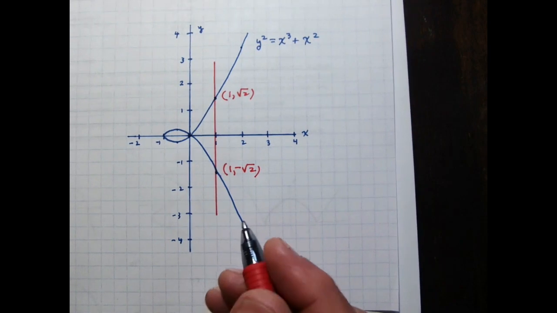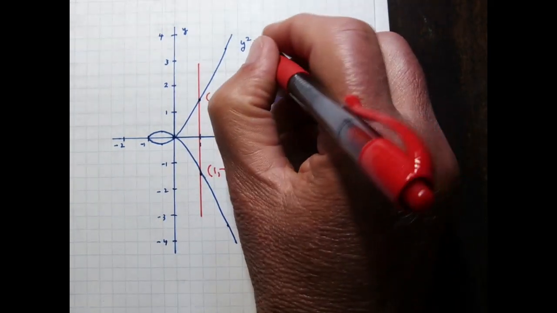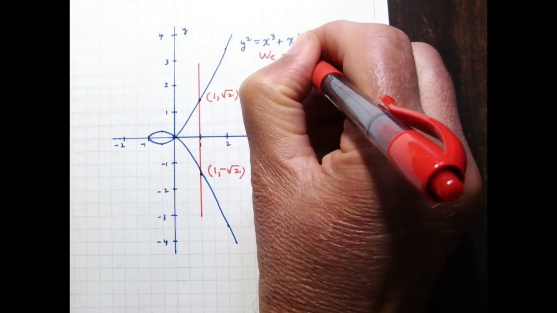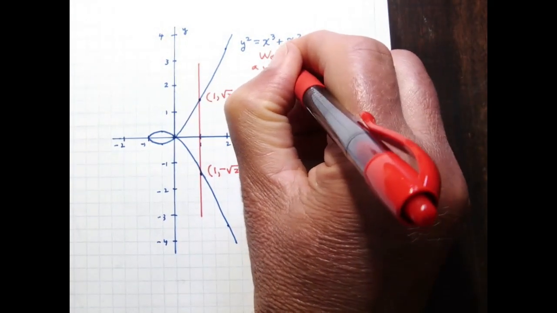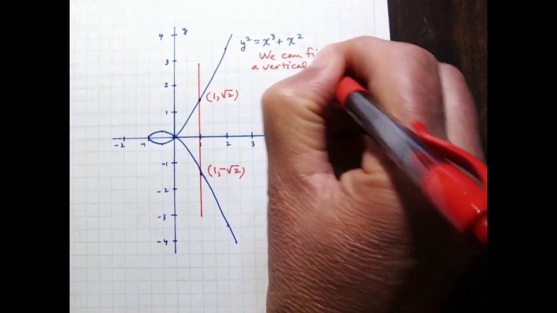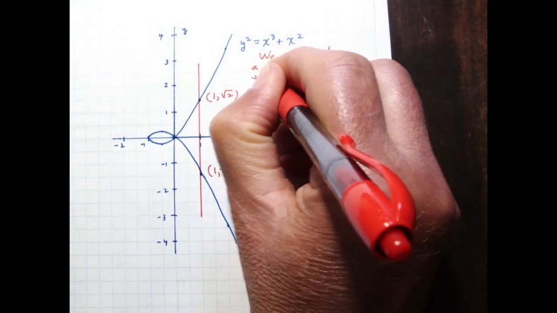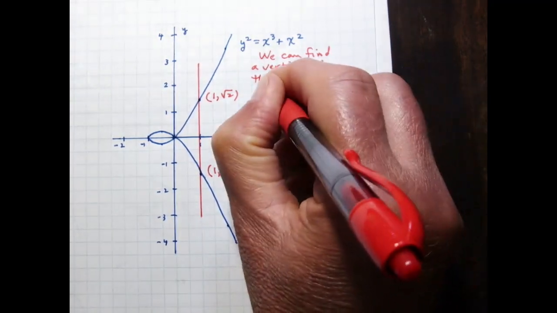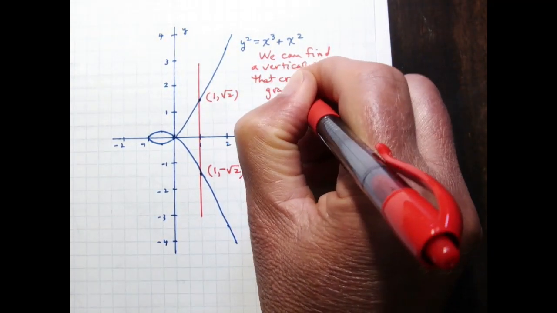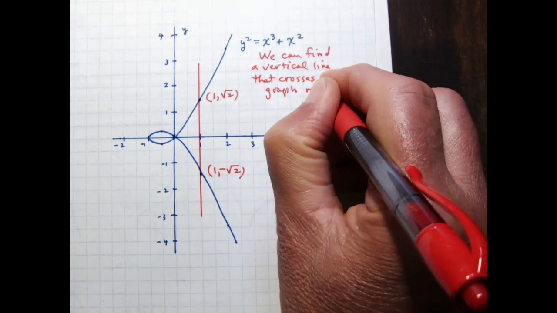So here we can say that we can find a vertical line that crosses the graph more than once.